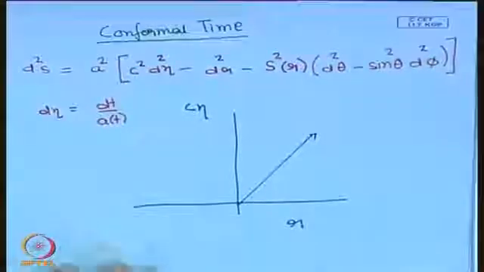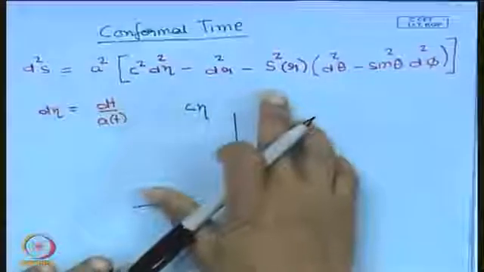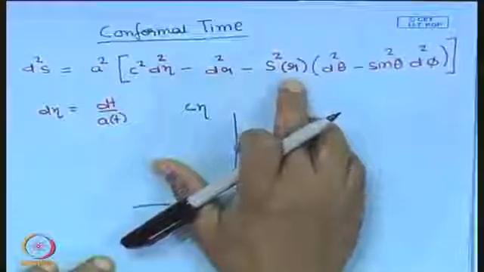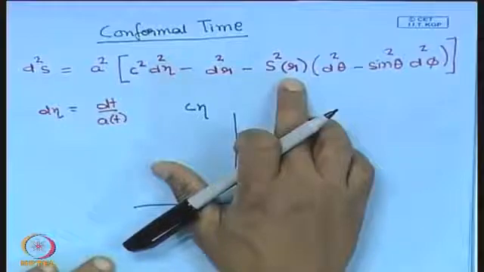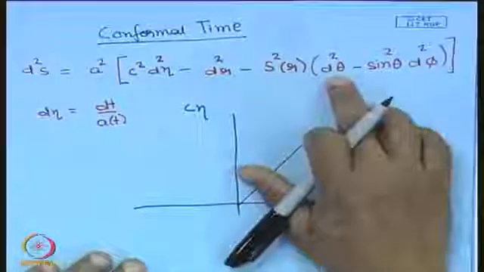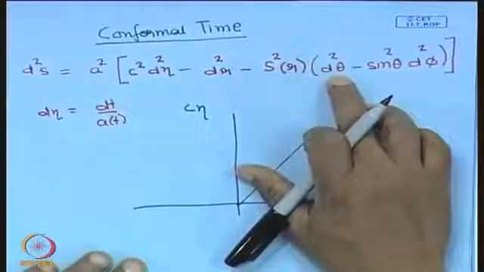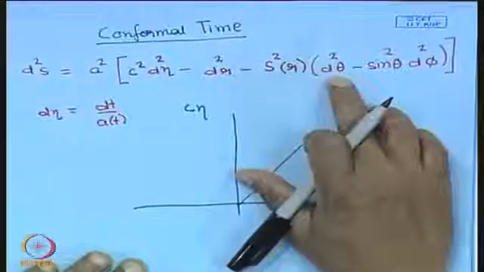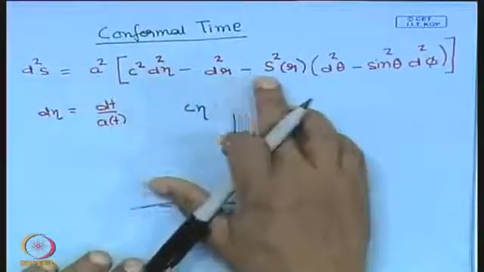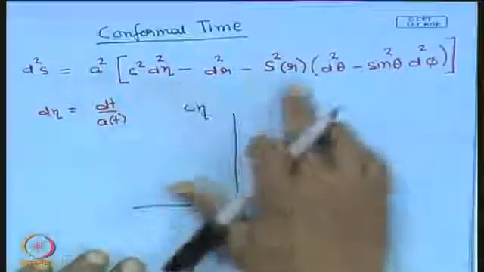So the object is at a co-moving distance r, and it subtends an angle delta theta. The length L corresponding to that you can determine from here.